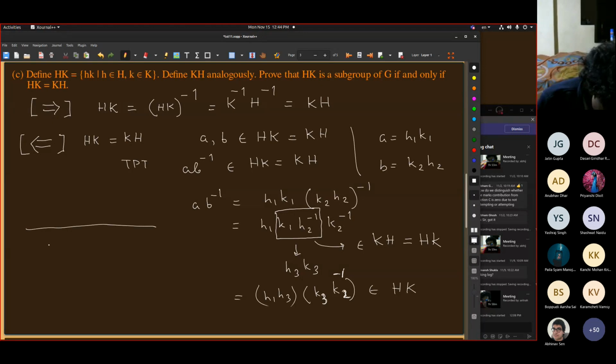I have to show that H, a subset of some group G, is a subgroup. Now how do I write it in set form? Okay, so it is given that H inverse is equal to H.